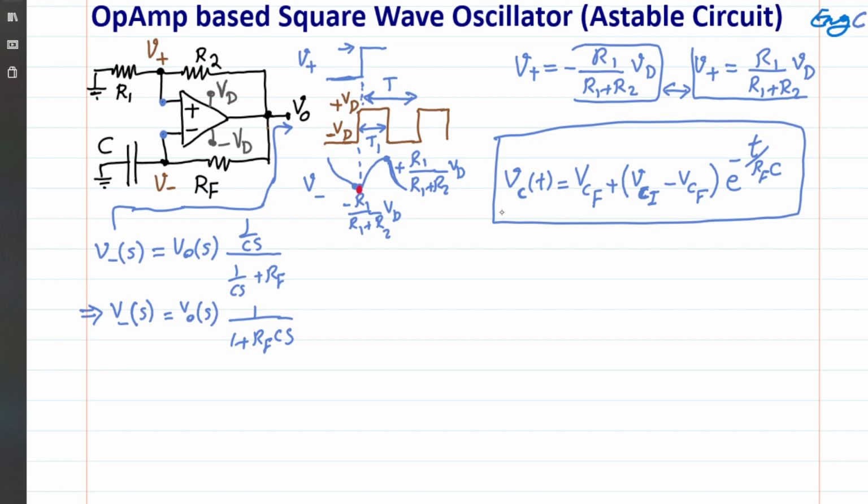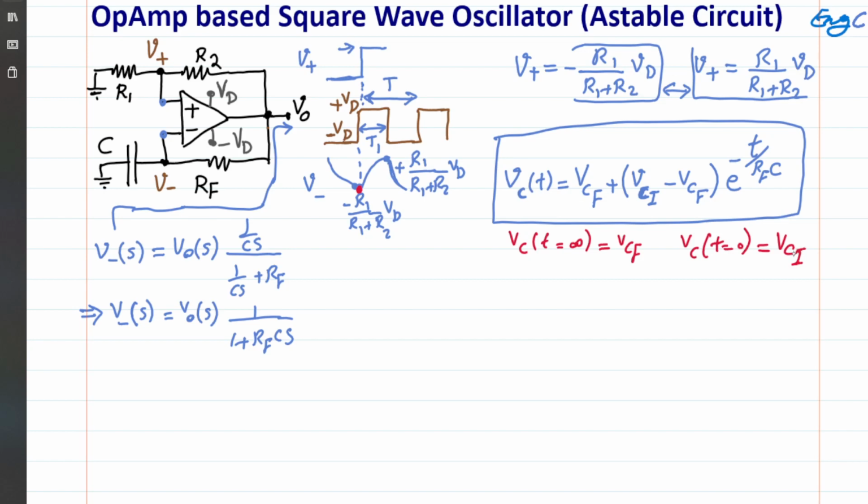So in that process, at time zero, e to the zero becomes 1, VCF cancels out VCF, so VCI remains, which means VC at time zero is equal to VCI, the initial value. At time infinity, e to the negative infinity becomes 0, remove this term, and therefore VC at infinity is VCF. All I'm trying to say is that VC at time t equal to infinity is VCF, and VC at time 0, the starting point of the process, is just VCI.